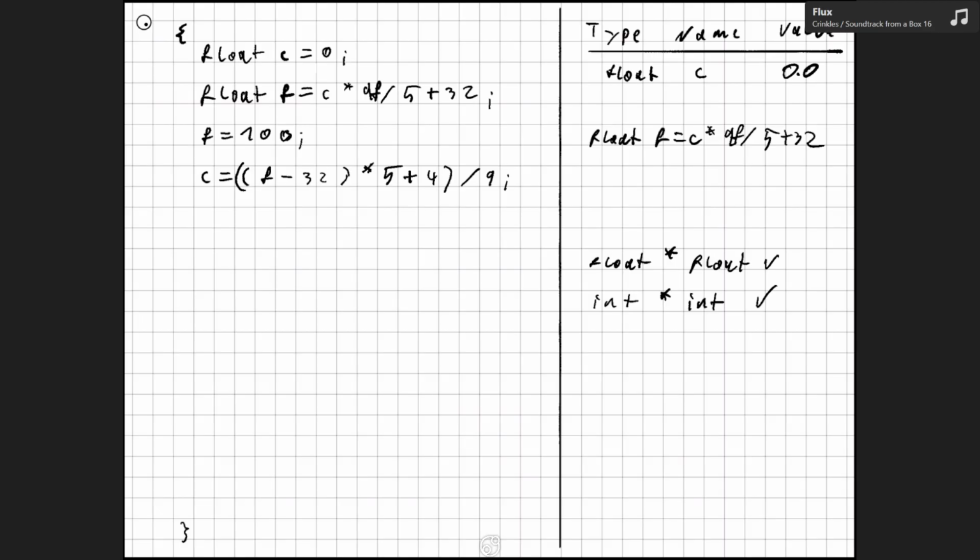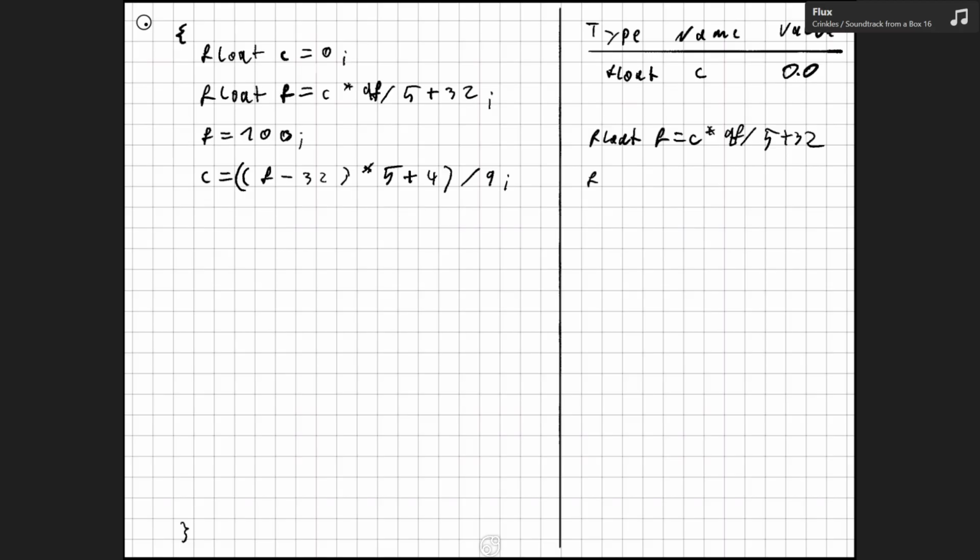Instead of interpreting this 9 as the integer value 9, it's interpreting this as the float value of 9.0. And now we just have a situation of float times float. And it can actually calculate that. Alright, let's go with that route. That seems doable.